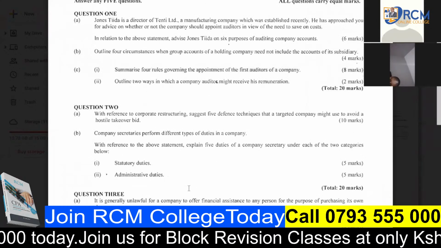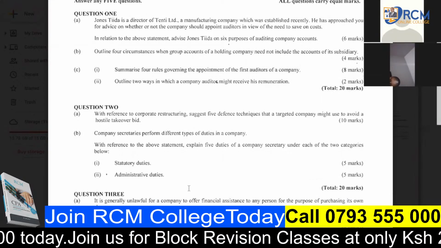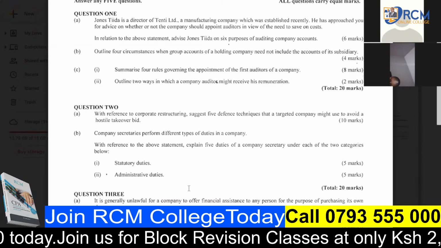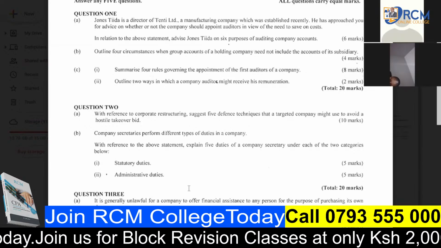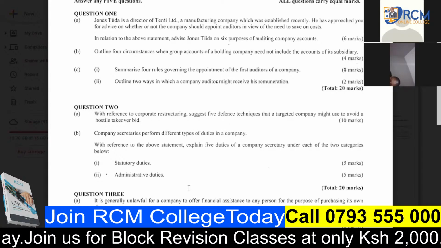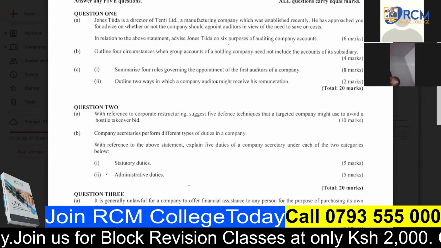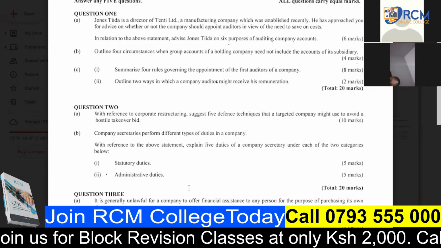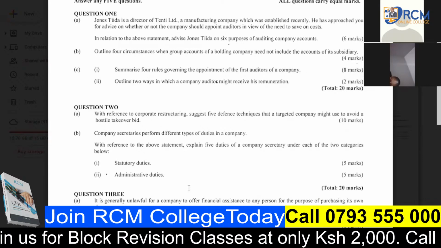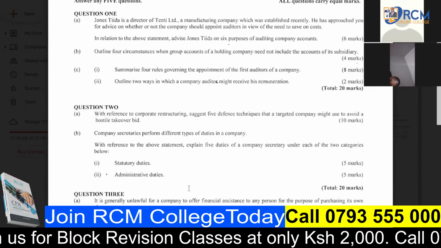But in this case, they are now asking you to distinguish them as statutory and administrative. Company secretaries perform different types of duties in a company. With reference to the above statement, explain 5 duties of a company secretary under each of the 2 categories below: statutory duties and administrative duties.